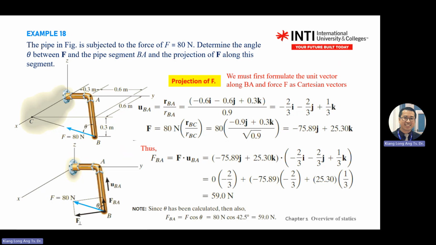Why this one BC? Because this force is on the BC direction. So this one is to find the magnitude and the direction. This F, 80 Newton, is a magnitude. You need to tell this blue color in the vector form.